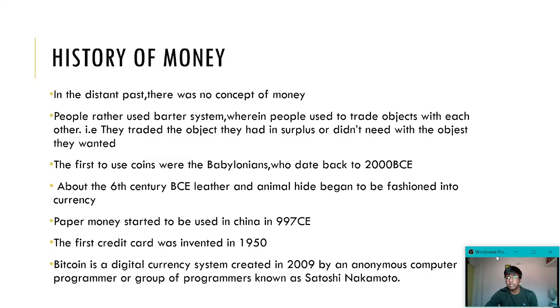And Bitcoin, the cryptocurrency, is basically people's systems up against each other, solving complex problems, and whichever system does it first receives some amount of Bitcoin. So this process is known as mining of cryptocurrency. Right, we are done with the history of money.